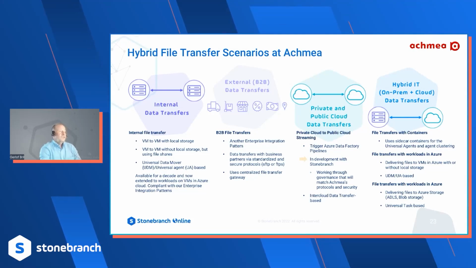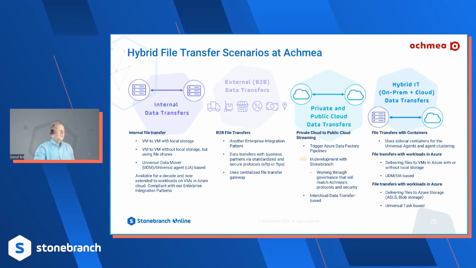It's for us another enterprise integration pattern. We have a number of them, and we try to use that both on-prem and extend that to the cloud, to Azure, so that we can hold to the same integration patterns. We can use them both on-prem and in Azure.